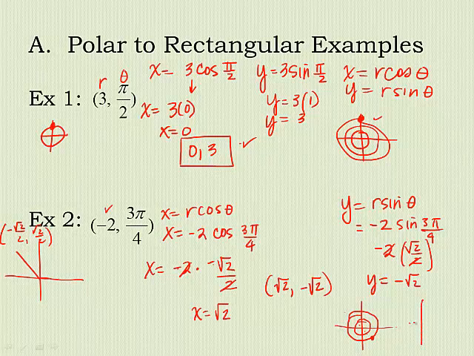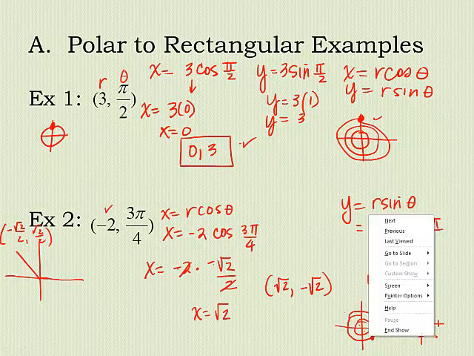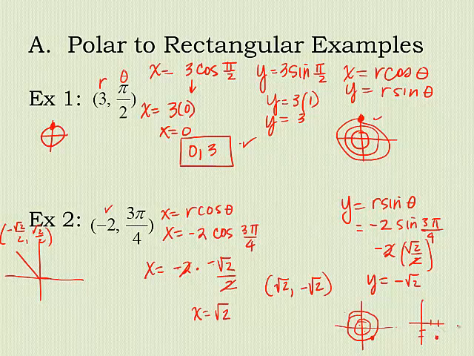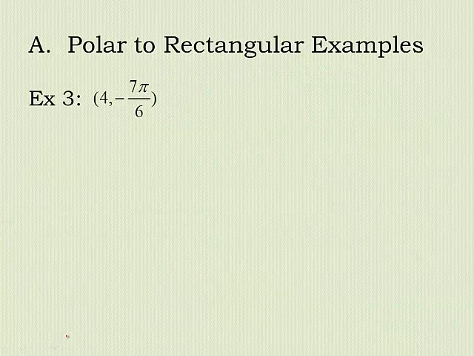If it's in the rectangular, positive square root of 2 over 2 is right here, and negative square root of 2 over 2 is right here, and sure enough, they match. Hopefully that makes some sense to you. So those rays would be in the same location. So you have plot to verify. Let's try one more.